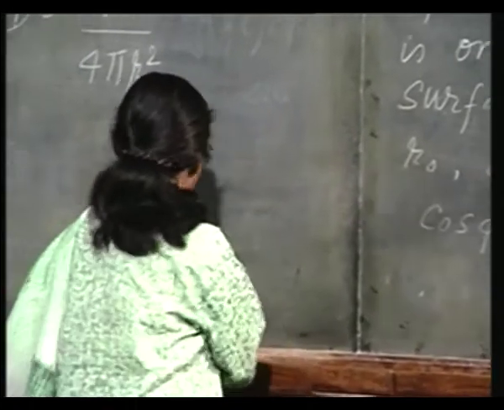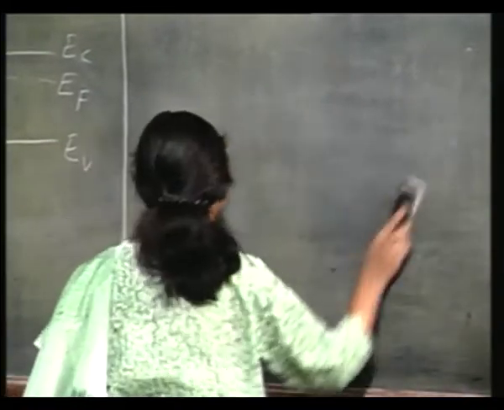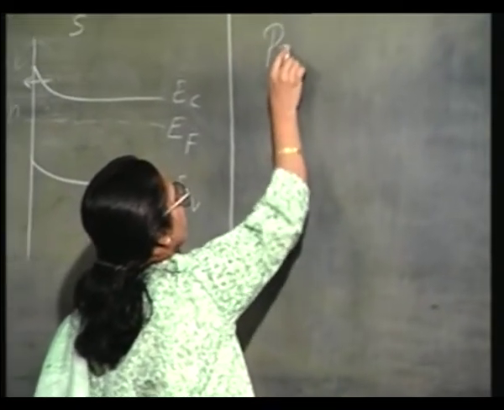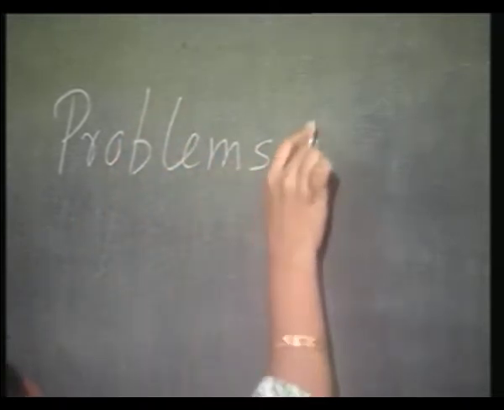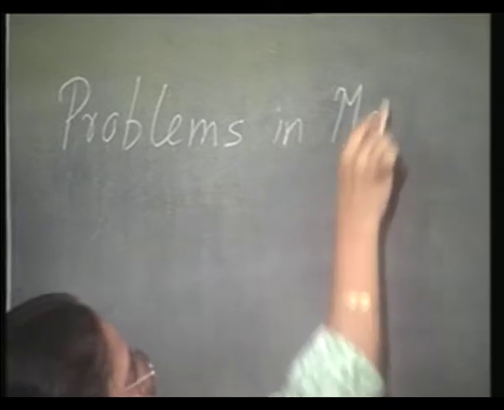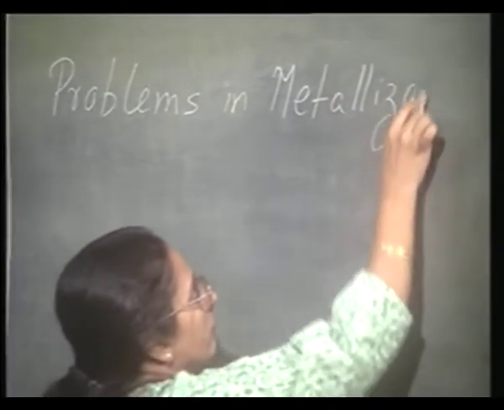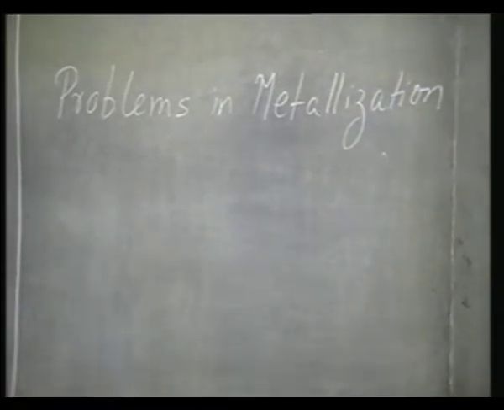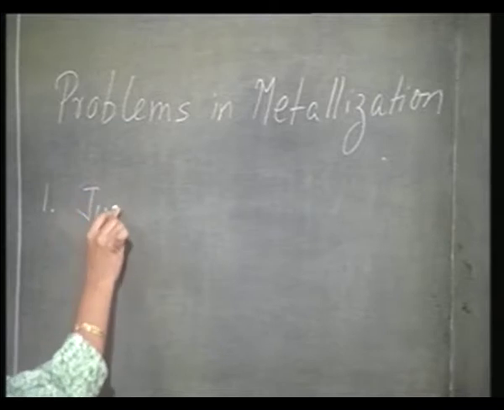What happens in case of a junction spiking is this. These are the problems commonly encountered in metallization, after metallization. Number one is junction spiking.